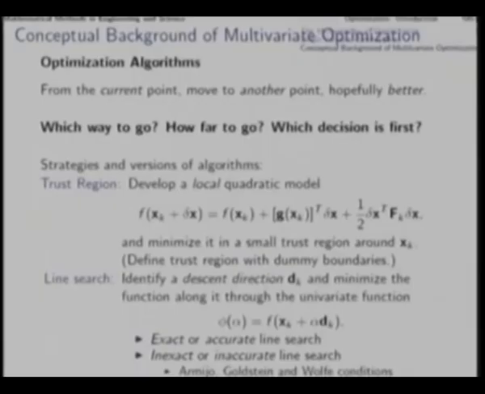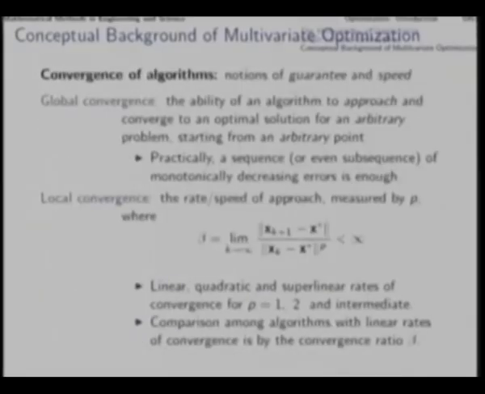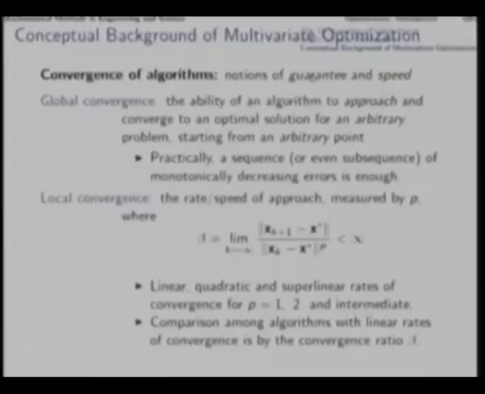For any optimization algorithm, there are two questions that arise. One is the question of global convergence, that is whether at every step the algorithm makes an improvement in the function value, whether it approaches the optimum point. It is in terms of guarantee, whether there is a guaranteed decrease of the function value, and a guaranteed approach towards the minimum point.